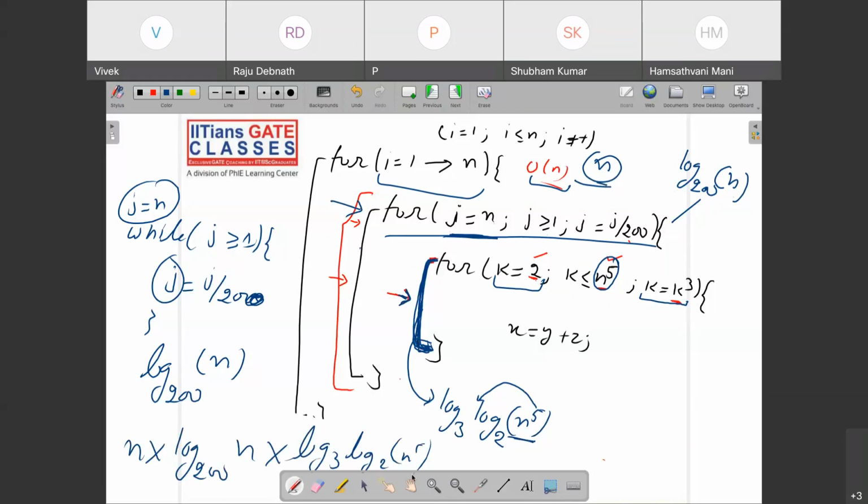This is the right answer. So we are going from inside loops to the outside loop, and we have to multiply each loop's time complexity. So it's log 3 log 2 n raised to power 5 here, log 200 n here, and n here. Any doubt here?